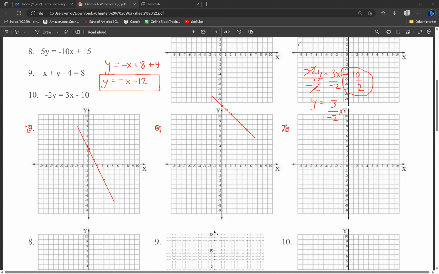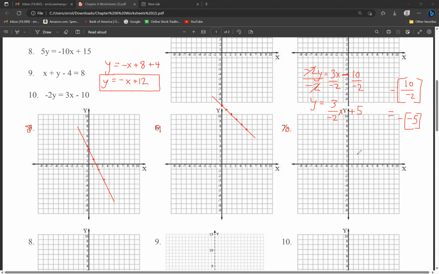What is that equal to? The inside is negative 5, right? But then you've got a negative on the front. So positive 5? Yeah, exactly. Positive 5. So y equals 3 over negative 2x plus 5.